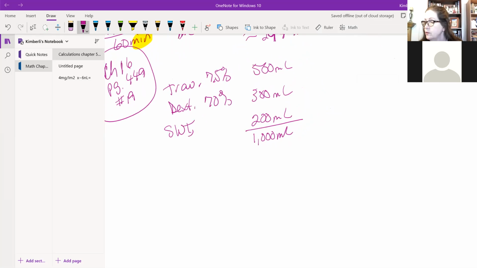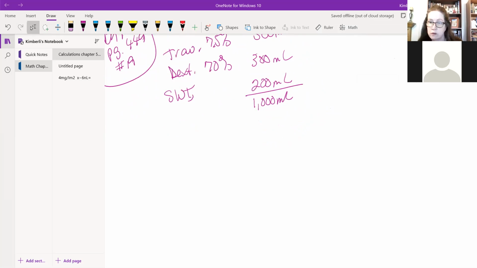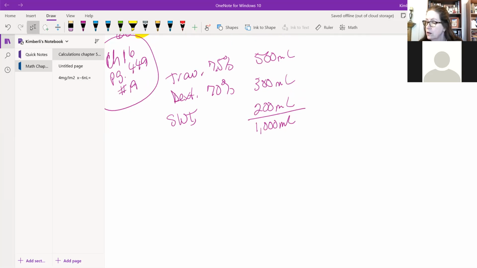That's going to be initial concentration times initial volume, or stock. So the 500 mil, it's the stock? Yeah. So 500 times 7.5 is going to equal 1,000 times X.